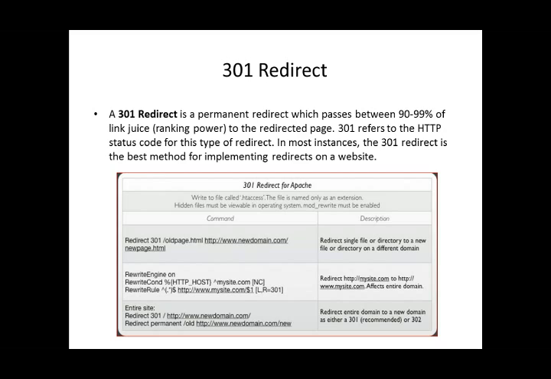As we can see in the screenshot, while redirecting a single file to a new file or directory, this is something that should be followed in the .htaccess file. All these 301 redirects are done in the .htaccess file, which is present on the root of the server.